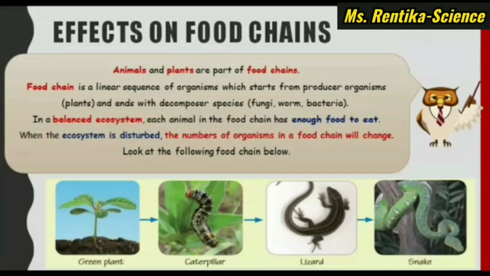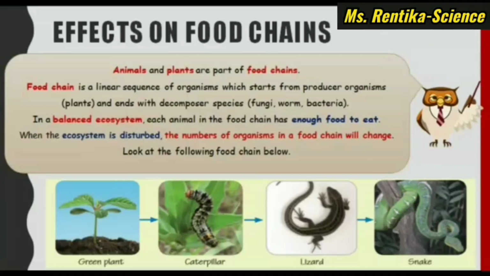Look at the following food chain below. This is one of the food chains. The first living thing is green plants. The arrow sign means gets eaten.